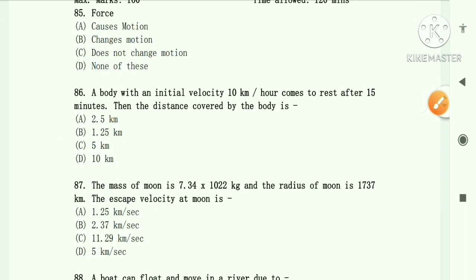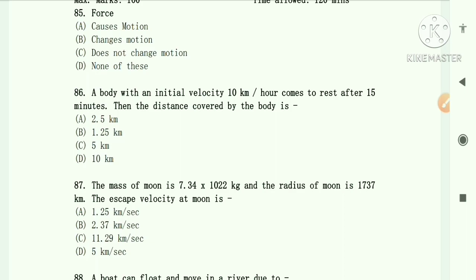Here it is. A body with an initial velocity of 10 km per hour comes to rest after 15 minutes. Then the distance covered by the body is option A 2.5 km, option B 1.25 km, option C 5 km, option D 10 km.